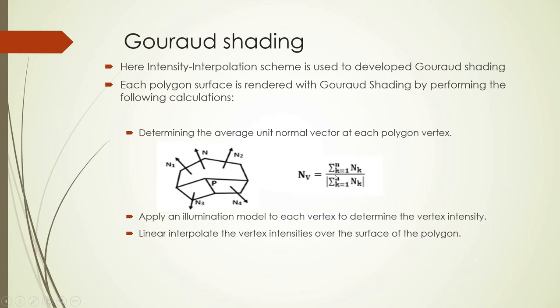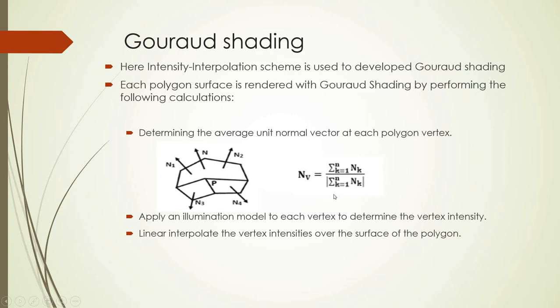normal vector is equal to the summation of Nk, where k goes from 1 to n, n being the number of vertices. Here Nk is the normal vector which we are calculating for these particular vertices.